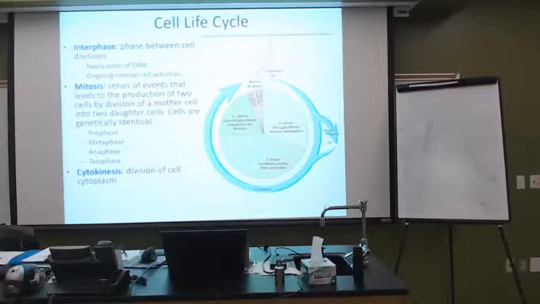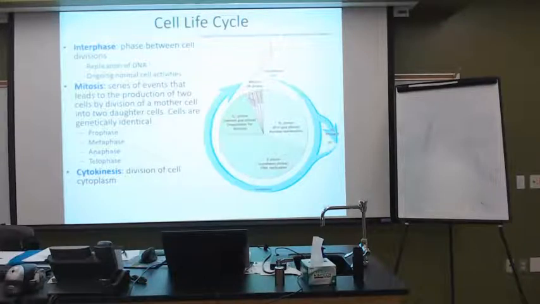So what we say, okay, is the cell has a life cycle, meaning that that's the time it does its job and it gets done. Whatever happens to it, dies, whatever. But we also have to make sure it duplicates.